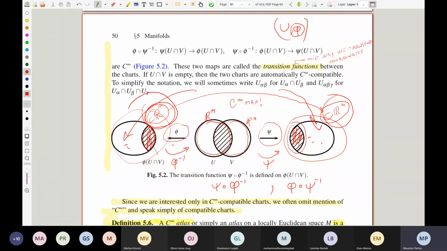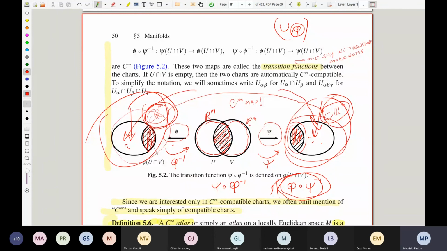And if you define something in Rn, this should be coherent with these two representations. If you define something that is the same here and here, this is not defining an object, because this map probably is not the identity. So the object you are defining should change according to this transition function.